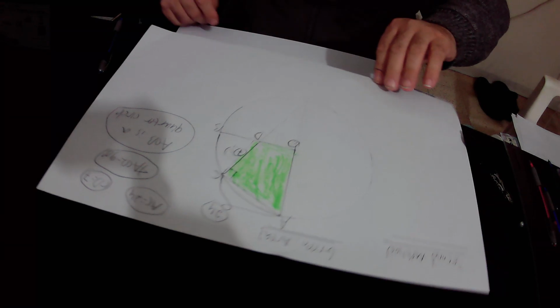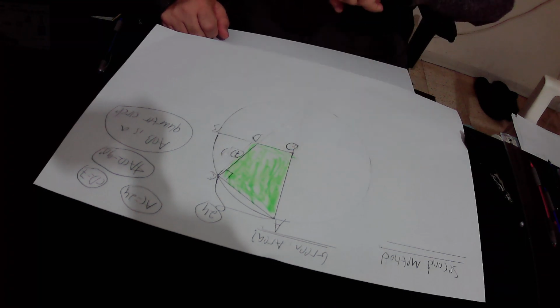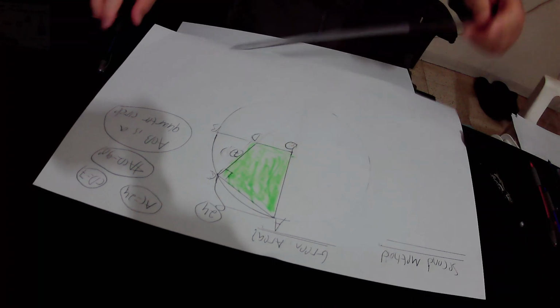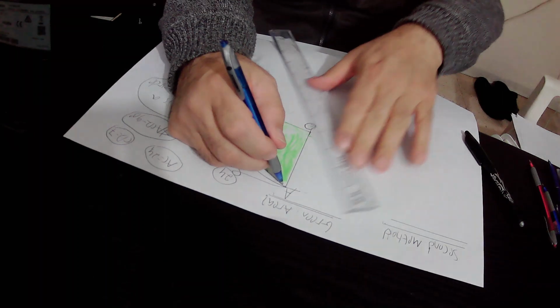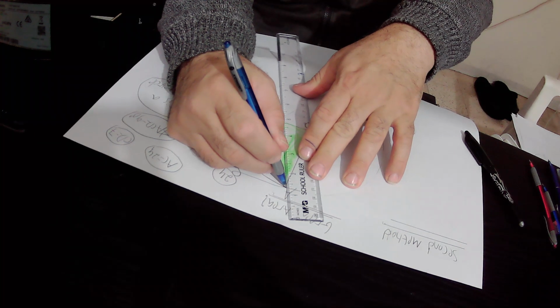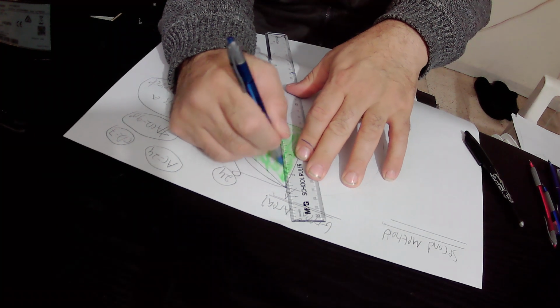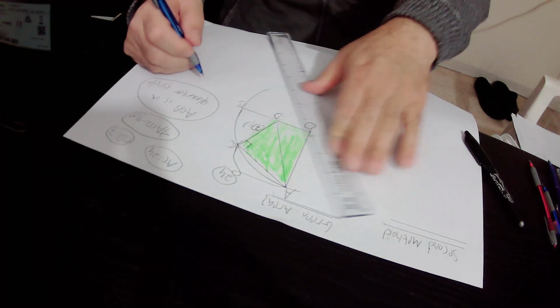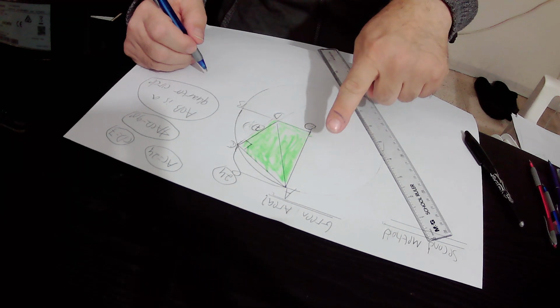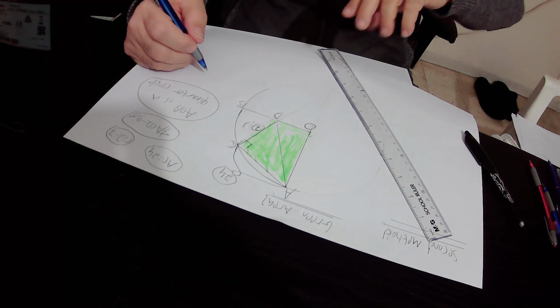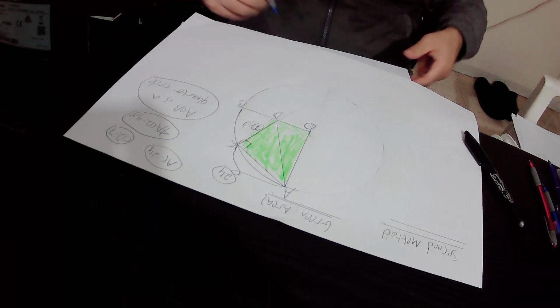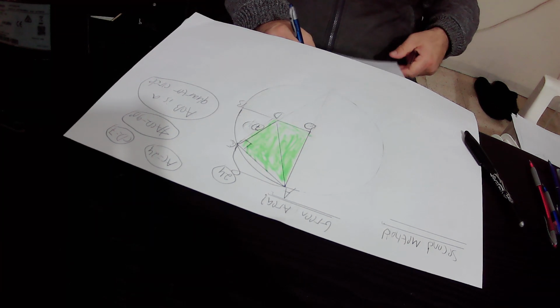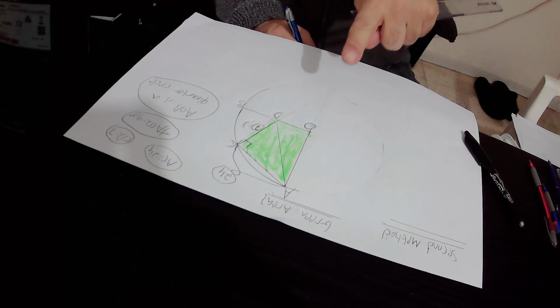In the second method, we join points A and D together by a straight line. By joining points A and D, we created the right green triangle ACD. So we'll copy the right green triangle ACD in a new page and we find out the length of the hypotenuse AD.